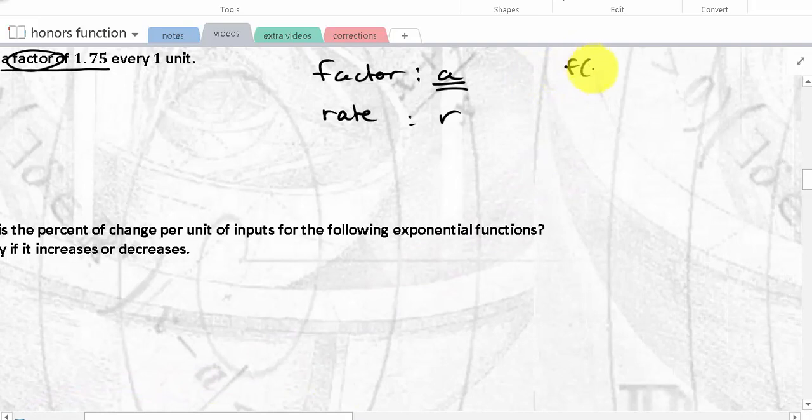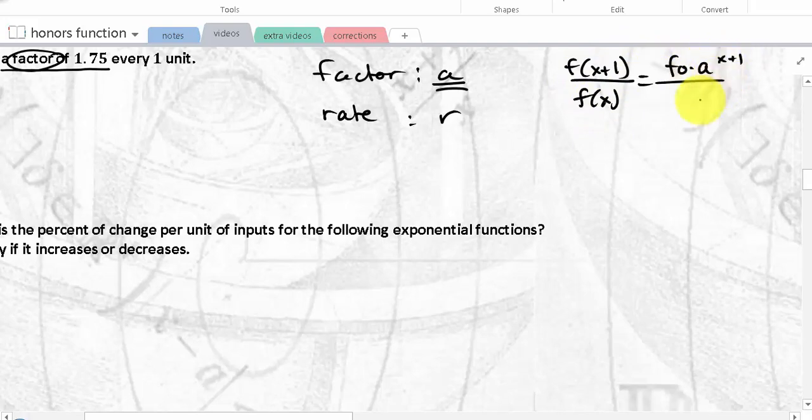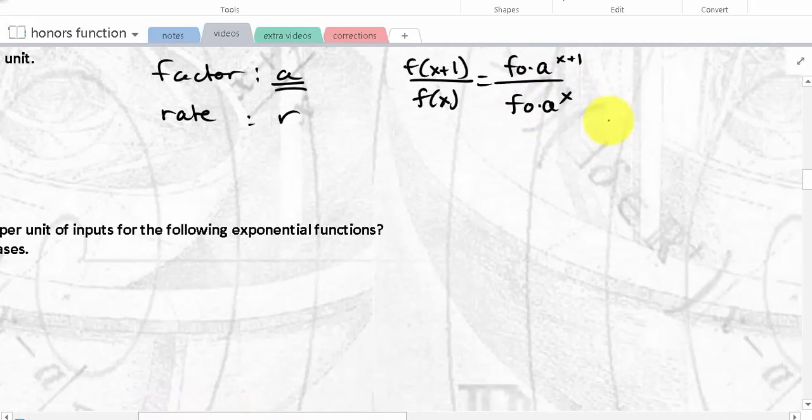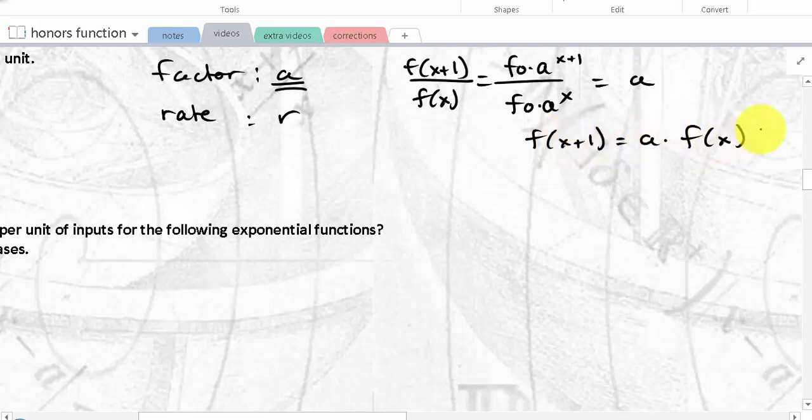Because if you do f of x plus 1 divided by f of x, this is just f0 times a to the x plus 1 divided by f0 times a to the x. Well, this is just a, right? So you have f of x plus 1 equals a times f of x. So as x increases by 1 unit, the output gets multiplied by a all the time.